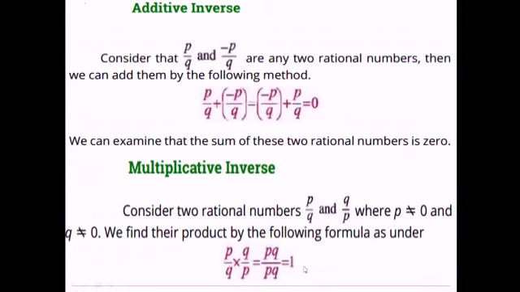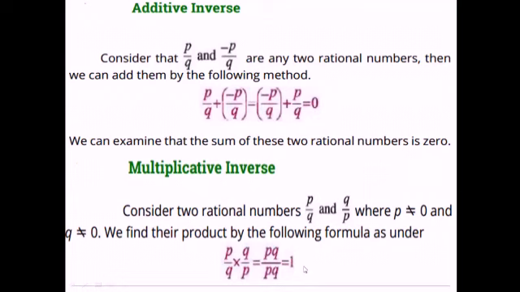It means that if you multiply any number with its reciprocal and you get the answer 1, then that number is the multiplicative inverse. Look at the difference. In additive inverse, the sign is changed, and in multiplicative inverse, the sign remains the same; you just multiply the number with its reciprocal. The numerator will go in the denominator and the denominator will come in the numerator.